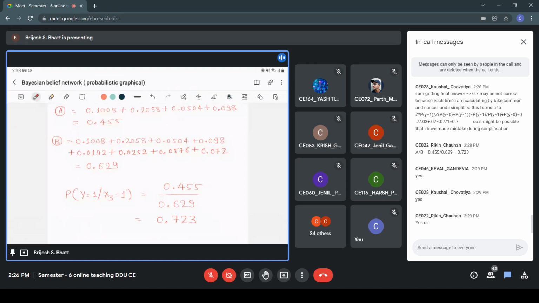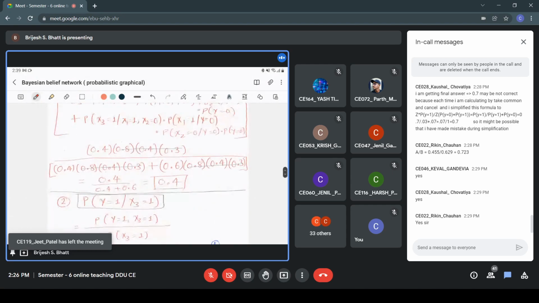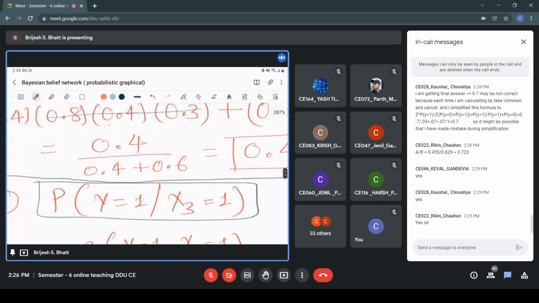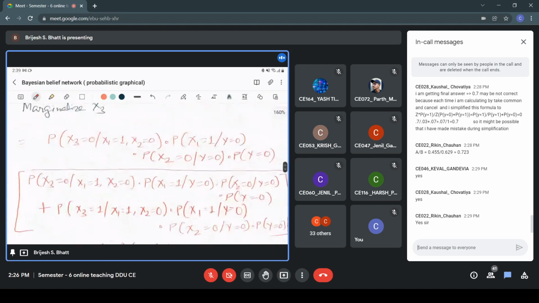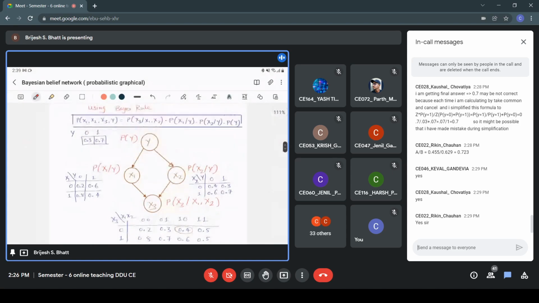So one purpose of this discussion is to make you understand how we compute this probability. Another 2 points on side note with which we'll end the session: now inference question can be anything. Like I have asked y is equal to 1 given x3 equal to 1. If you look at this diagram, you might feel that y is not dependent on x3. Then why am I asking this question?